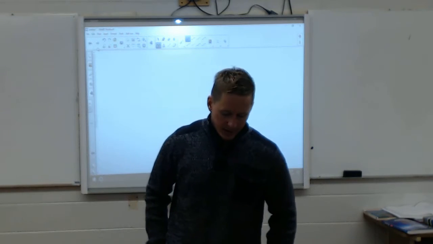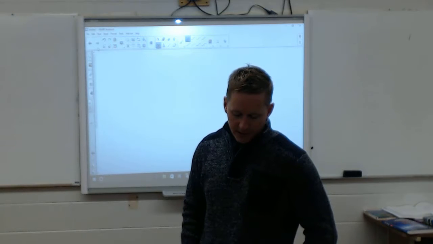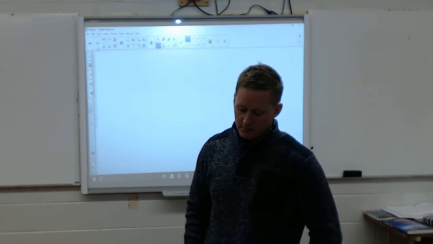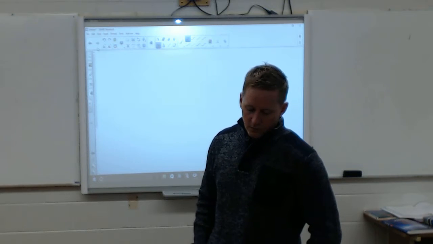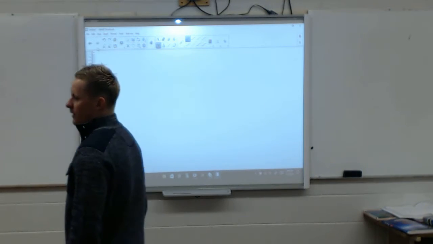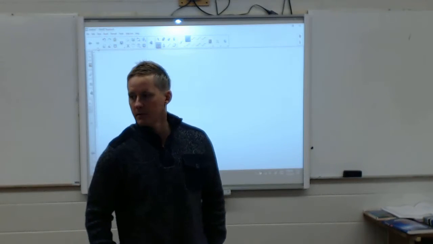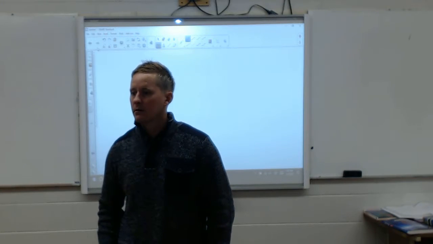Look at the example here. Create a scale diagram of this building footprint using a scale of 1 meter is equivalent to 1,000 meters. So, is the ratio between 0 and 1 or greater than 1? 1 to 1,000? 0 and 1.